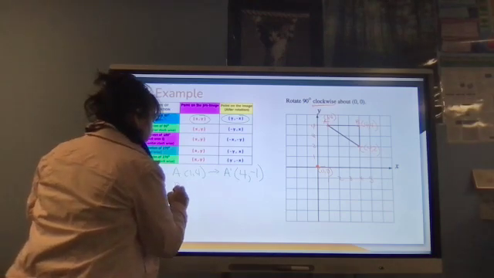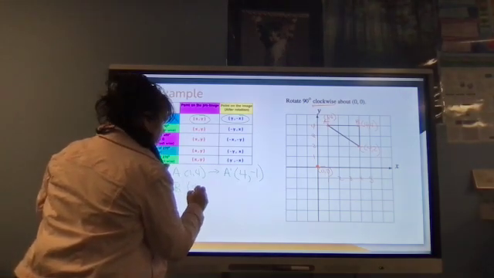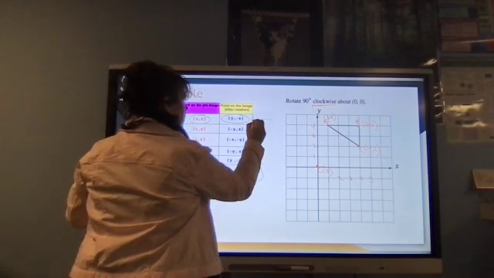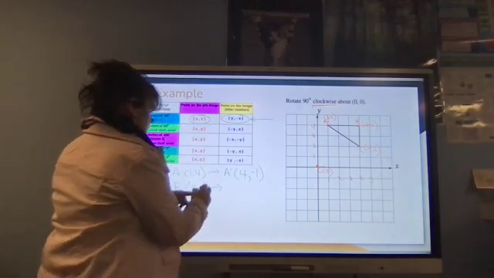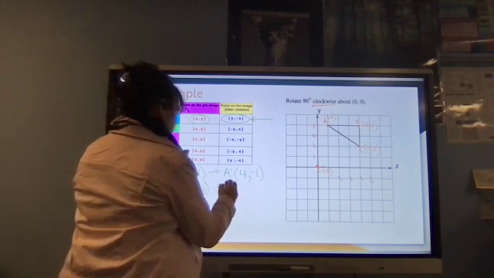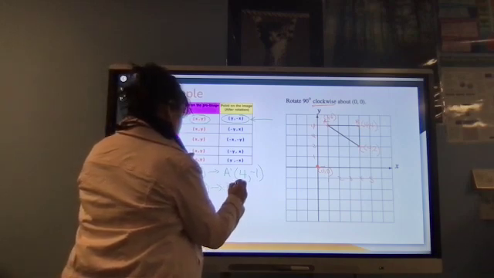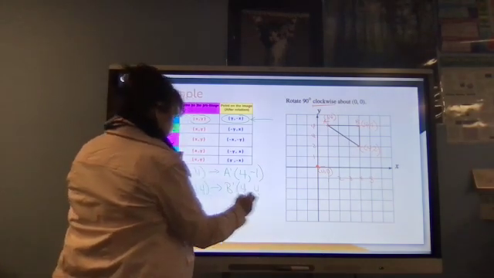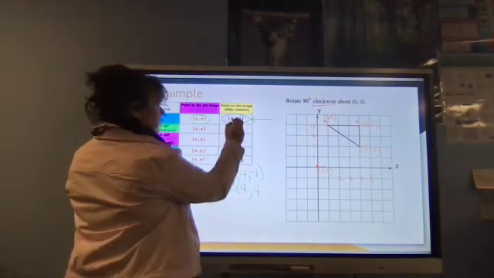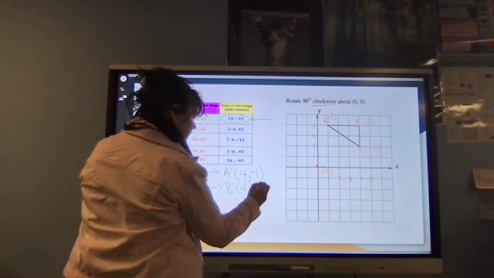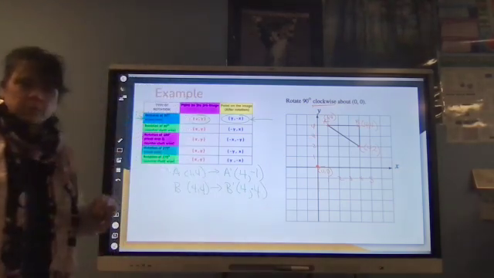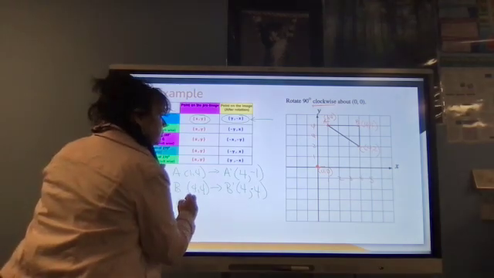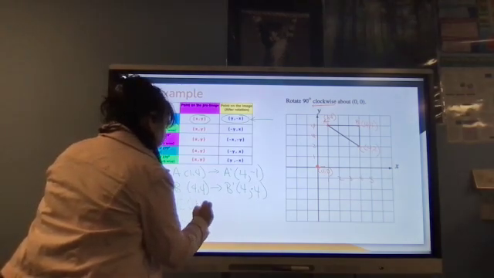Our B value was (4, 4). If we follow our pattern of (y, -x), our y becomes our first value, which is 4, and our x is also 4 because they were both 4s. But remember, we have to change the sign. So our B prime is (4, -4). Then our C was originally (4, 2).